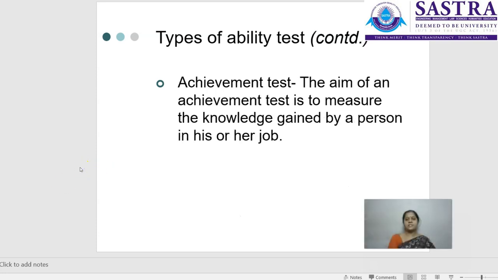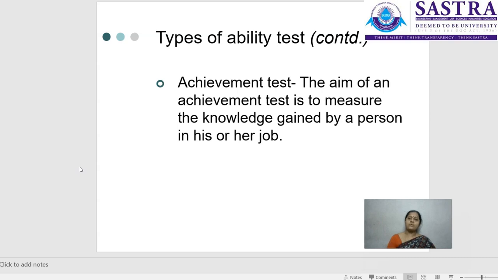And the next one is the achievement test. The main aim of the achievement test is to measure the knowledge gained by a person in his or her job. It evaluates the claims made by the job holders regarding their performance and regarding the skills acquired in the job.